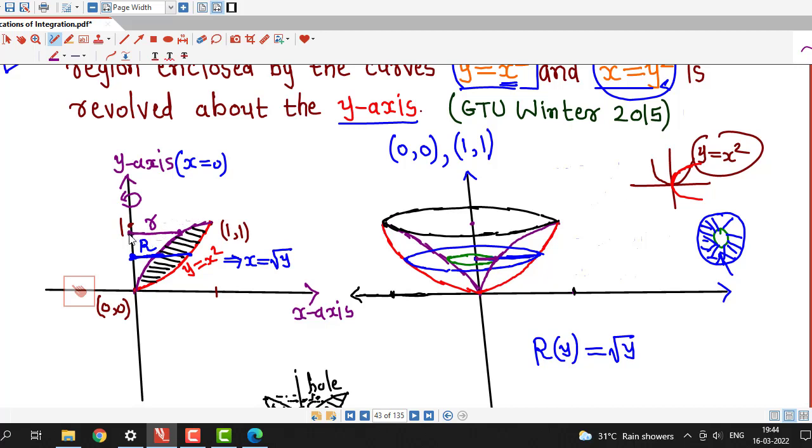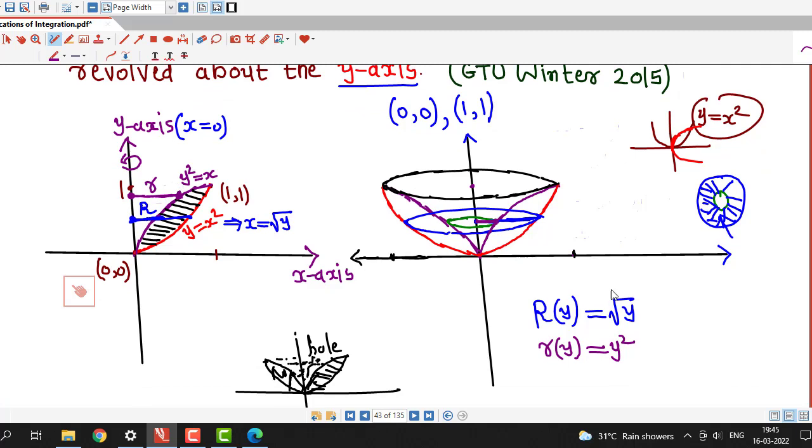So it is the distance between the y-axis and this curve, y square equal to x, or we can say x equal to y square. So r of y is y square. At this point the value of x is y square, at this point the value of x is 0. So x minus 0, that is y square minus 0, which is y square. So the inner radius is y square, and the outer radius is square root of y.